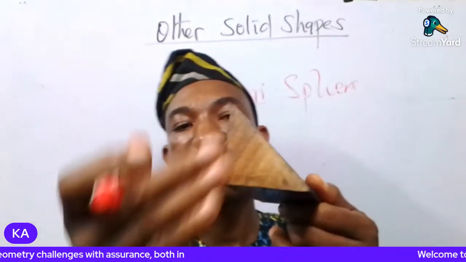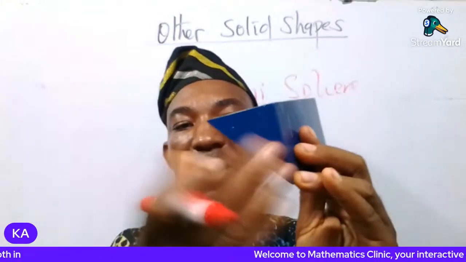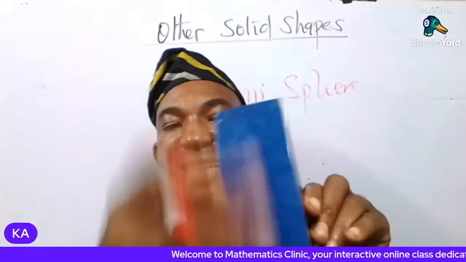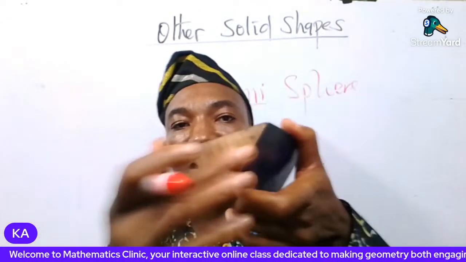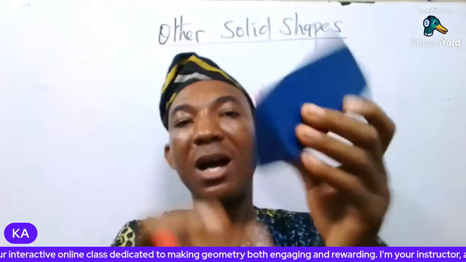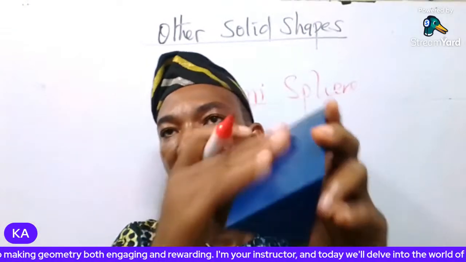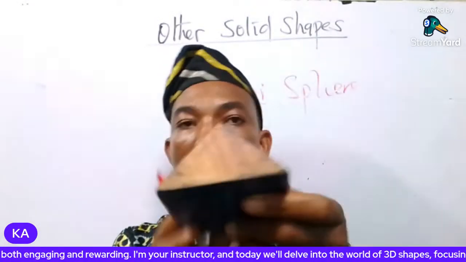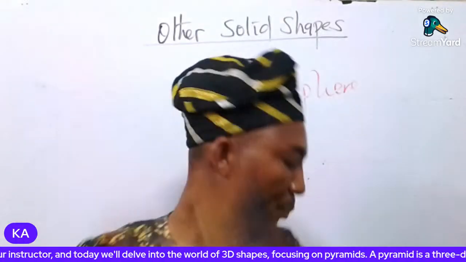You want to see the base, the top, triangle, the bottom, triangle, the side, rectangle. Then this is a prism. What kind of prism is this? A triangular prism, because the top and the bottom are giving us triangles. The other sides are giving us rectangles. Then it is called a prism, but this is a triangular prism.